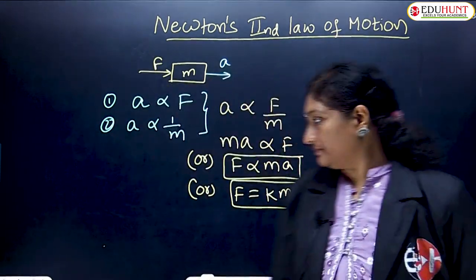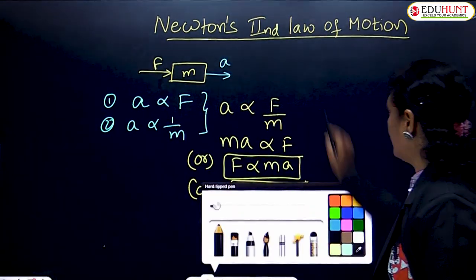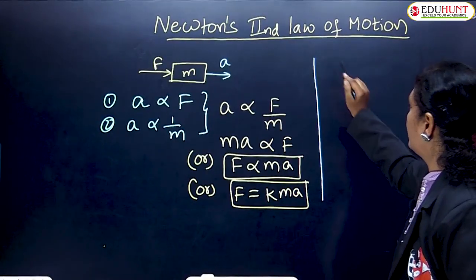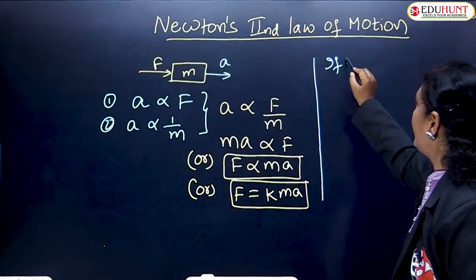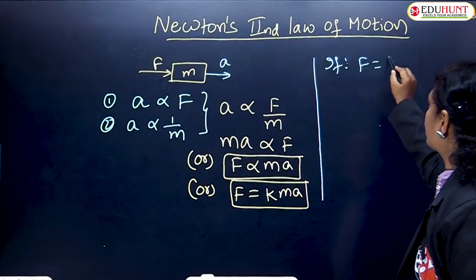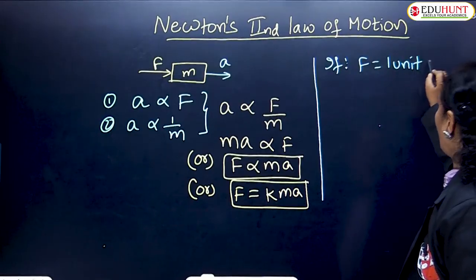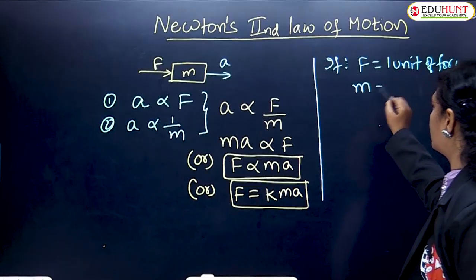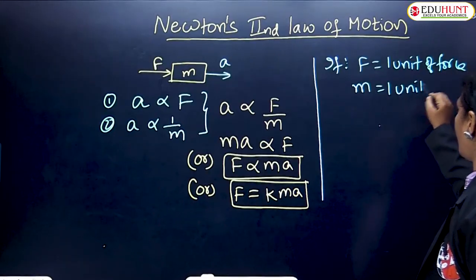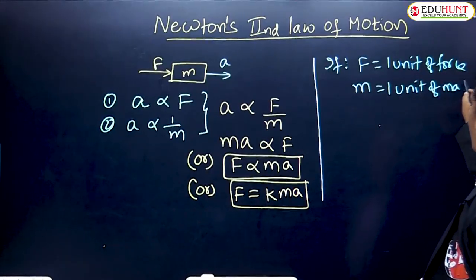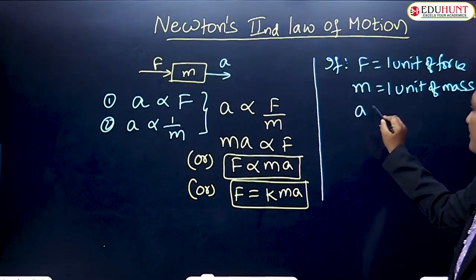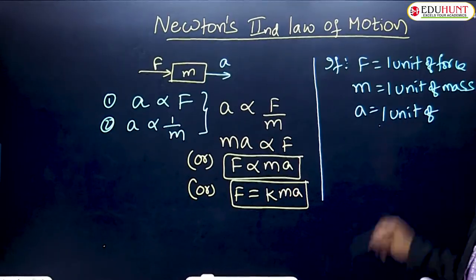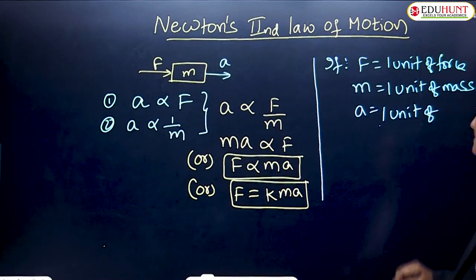So children, suppose we consider the value of F as 1 unit of force, for m we consider 1 unit of mass, and for a we consider 1 unit of acceleration, any unit whether CGS, MKS, SI, whatever you consider.